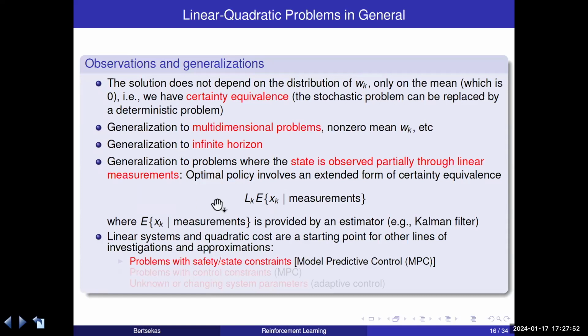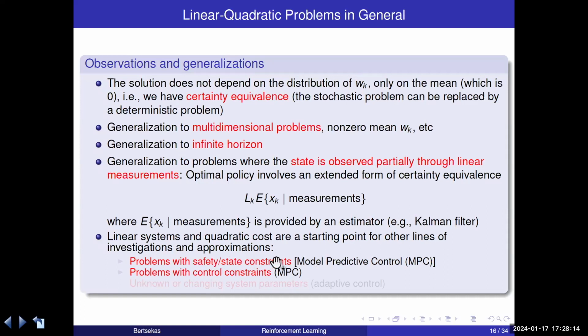Now, like I said, linear quadratic problems are foundational in control system design, and they are the starting point for other lines of investigations and approximations. Problems with constraints. The linear quadratic problem in its pure form does not involve any state constraints or control constraints.